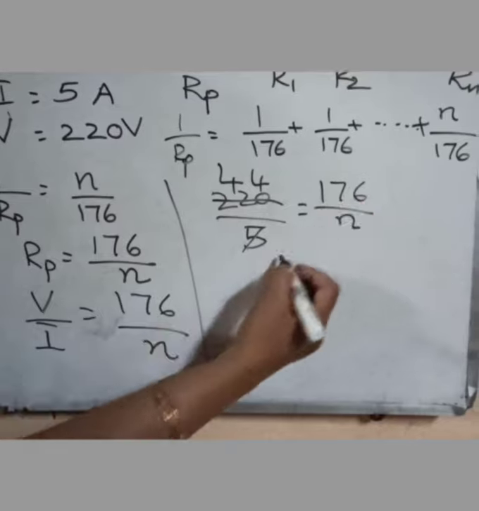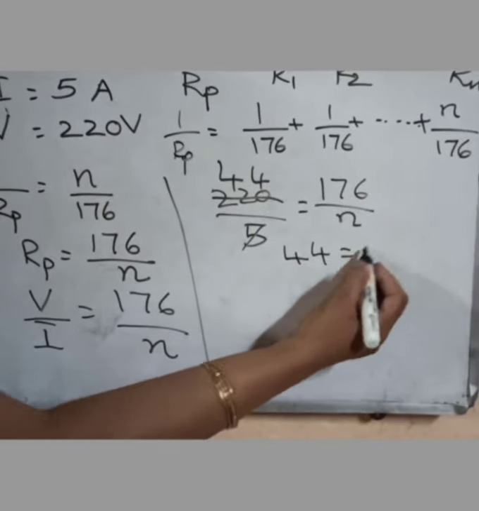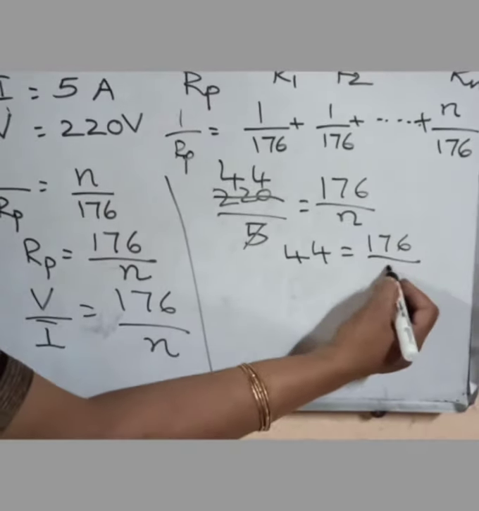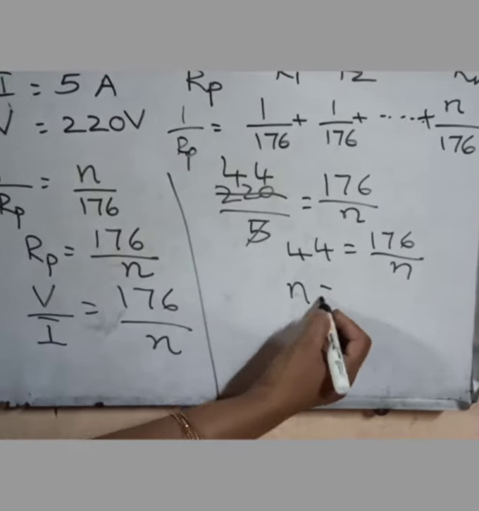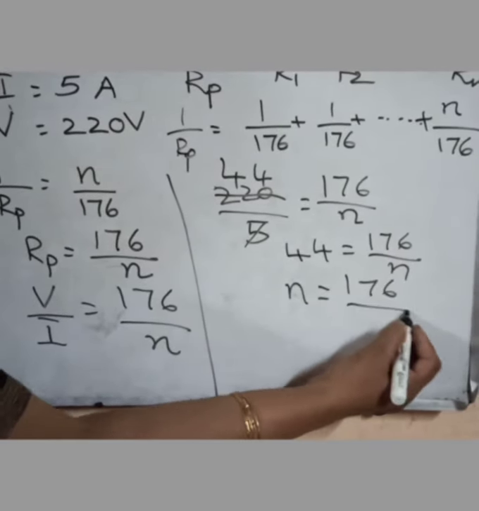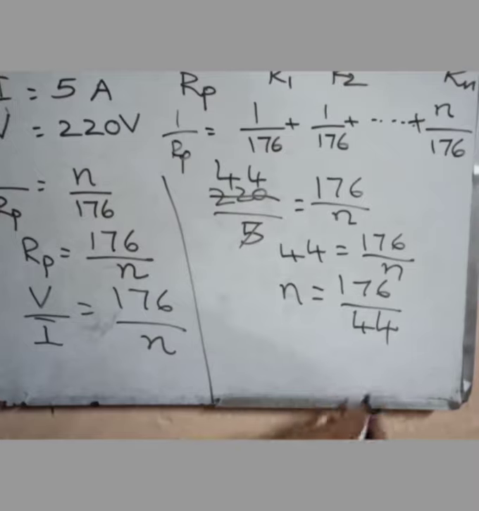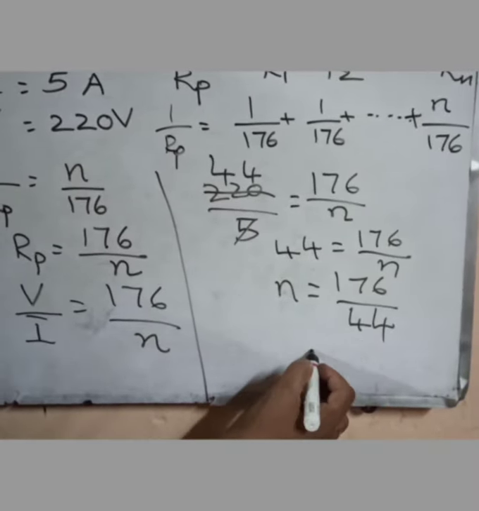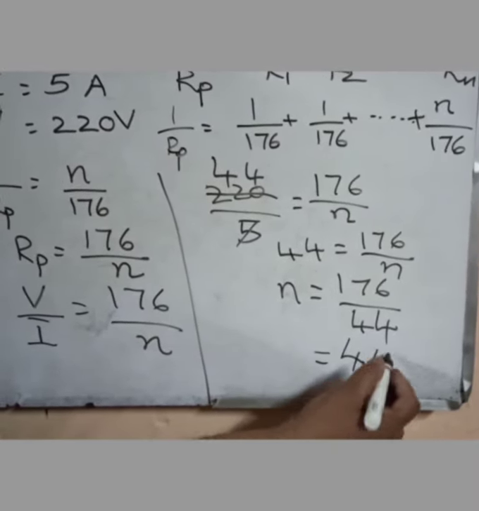So 44 is equal to 176 by N. N is equal to 176 by 44. 44 into 4 is 176.